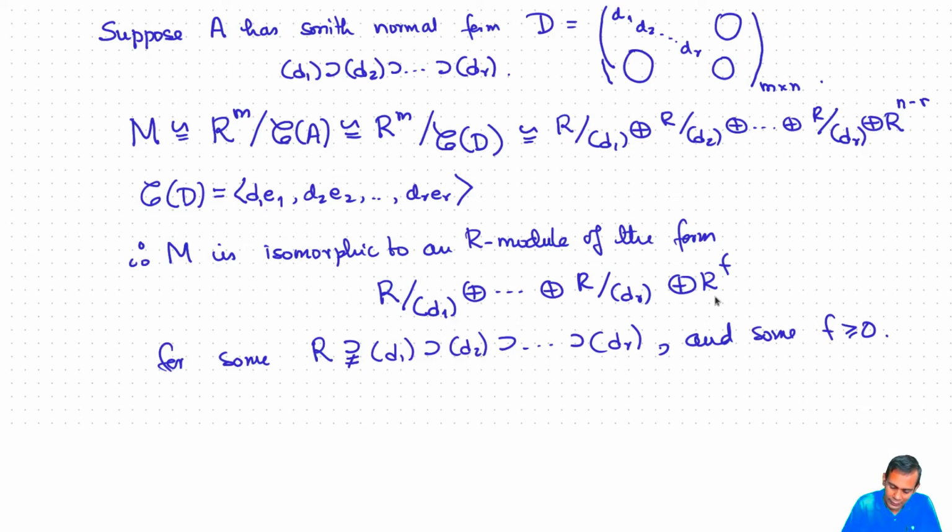And then there's again a free part, this R mod f. So every finitely generated R module is a direct sum of a finite number of cyclic modules. Moreover, we can assume that the generators of the kernel have this containment, which is equivalent to d1 divides d2 divides d_i.